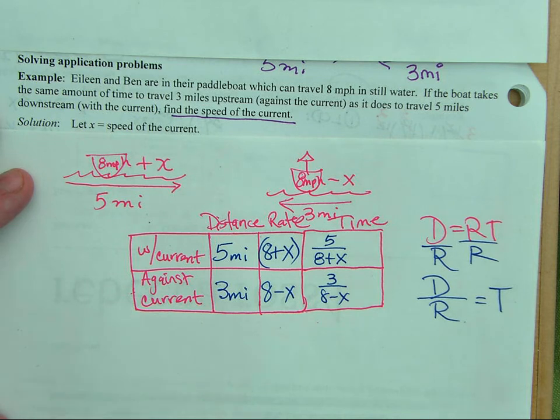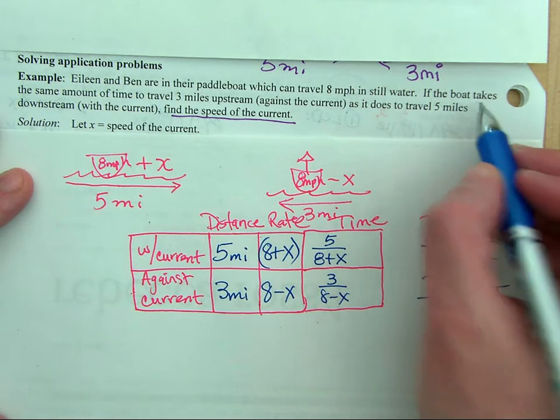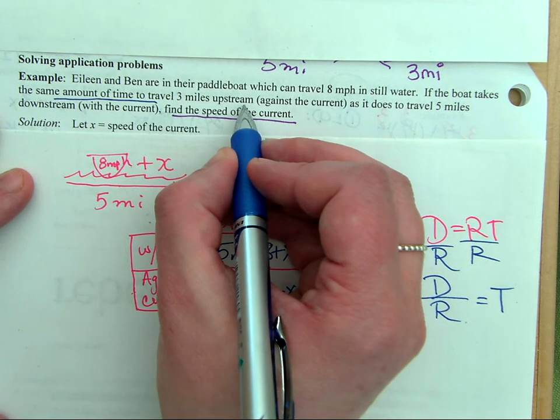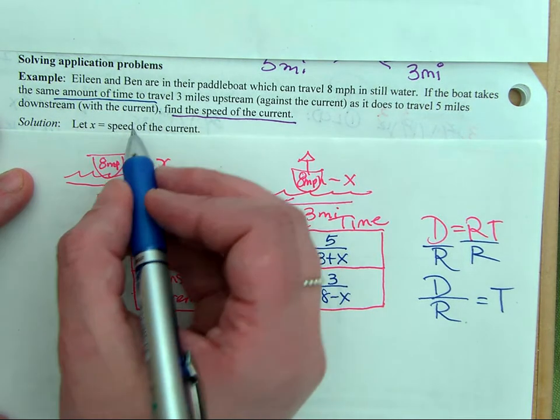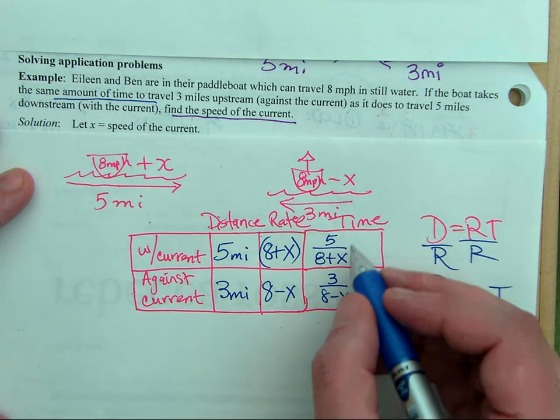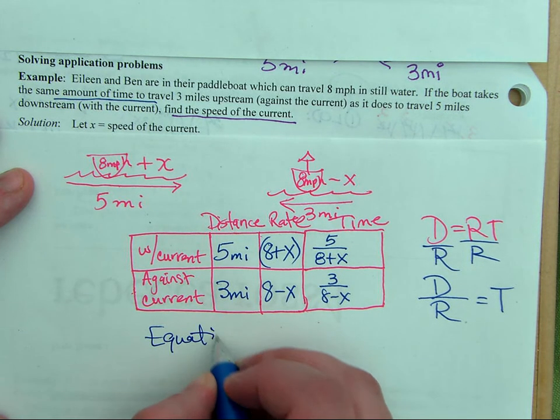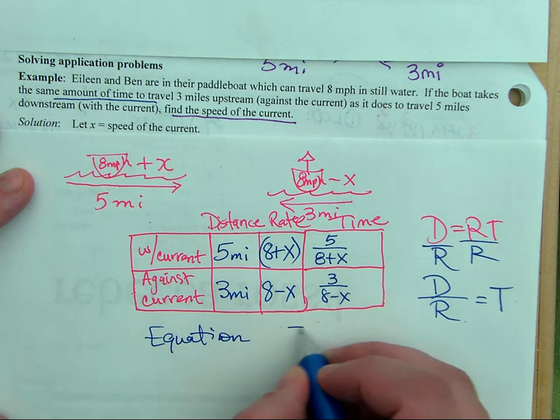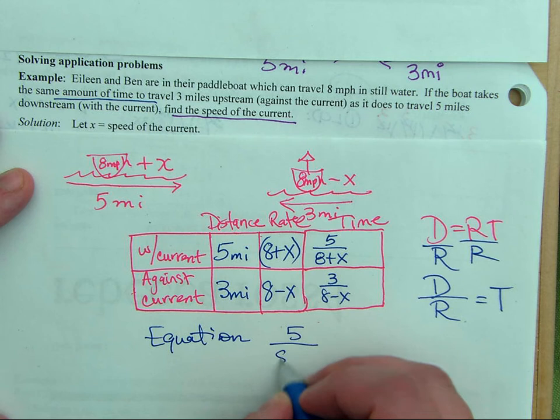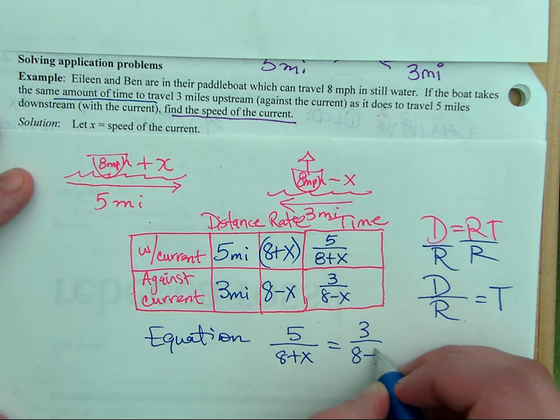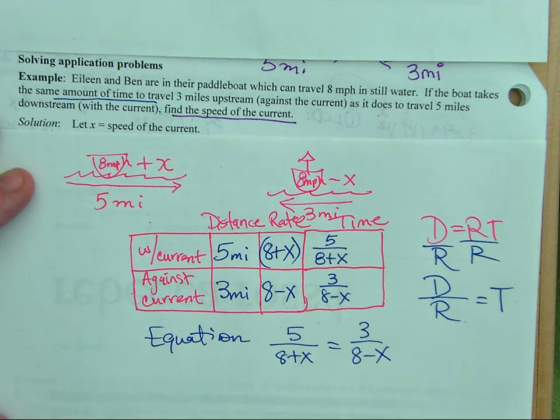It says in the problem, the boat takes the same amount of time to travel the 3 miles upstream and the 5 miles downstream. So the times are equal. So what would the equation look like? That's exactly right, because the times are equal, okay?